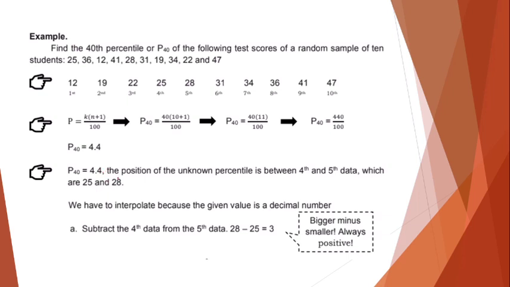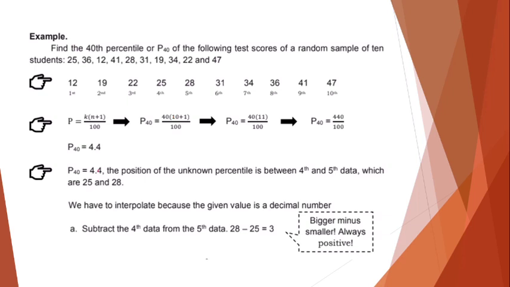So, 4.4, the position of the unknown percentile is between the 4th and 5th term, which are 25 and 28. Kasi hindi naman siya exacto, we are going to interpolate.